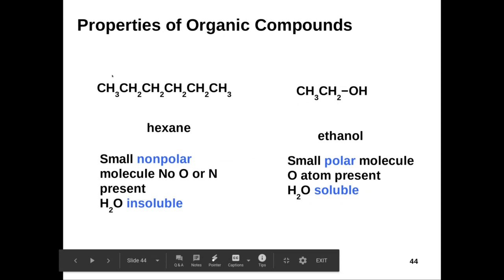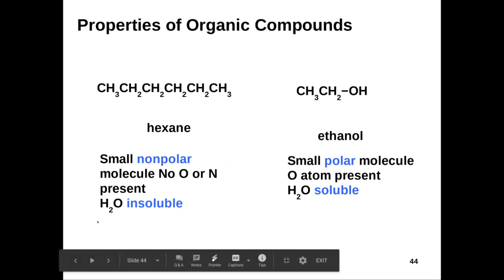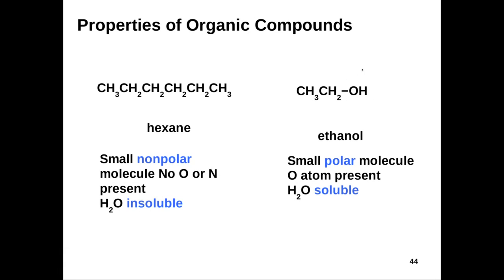We have hexane. So there's 6 carbons here. It's a small non-polar molecule, but it does not have any oxygen or nitrogen. Thus, it's insoluble in water. That's in contrast to ethanol, C2H5, bound to that oxygen and hydrogen. So that's an alcohol group.